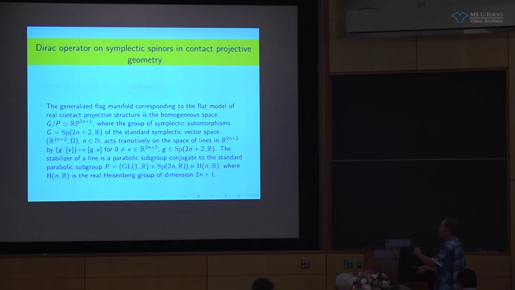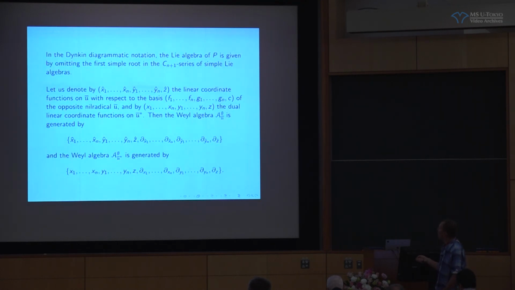Again, the simple part of the Levi factor is sp2n R, and there is one central element, and that's the corresponding exponentiation of the Heisenberg algebra. That's the Heisenberg group of dimension 2n plus 1. So this is what G and P are, and again this picture is over here on the green board.